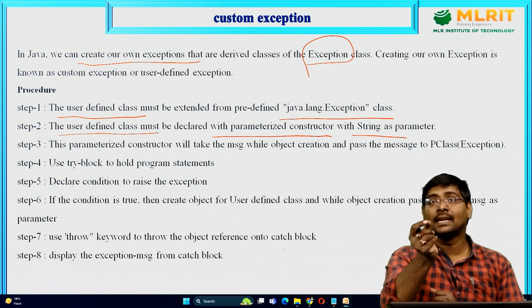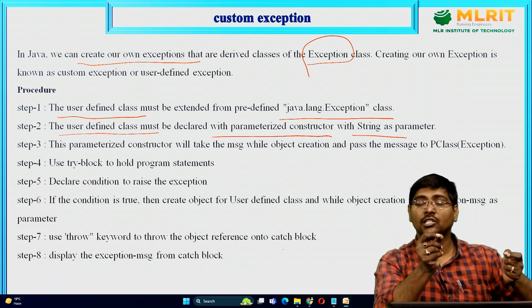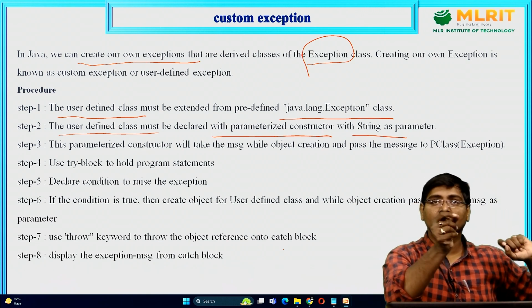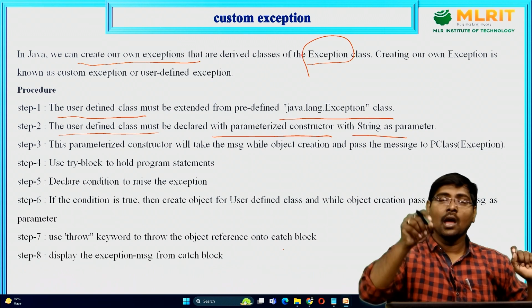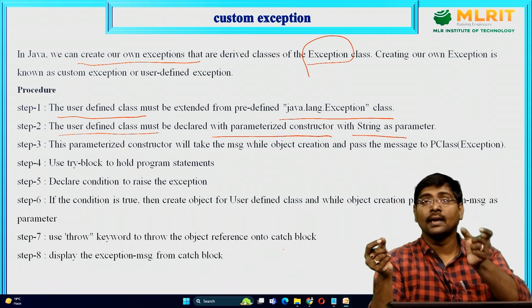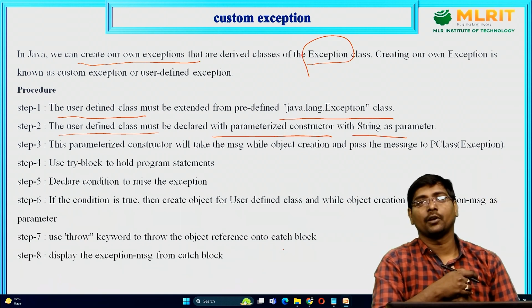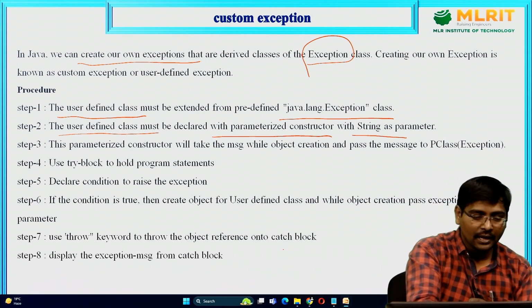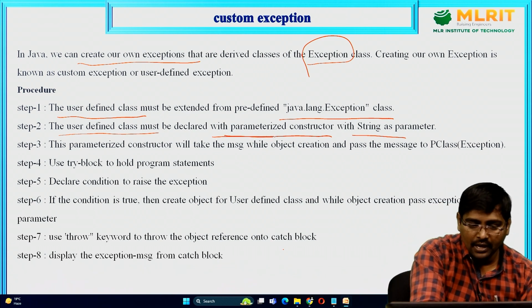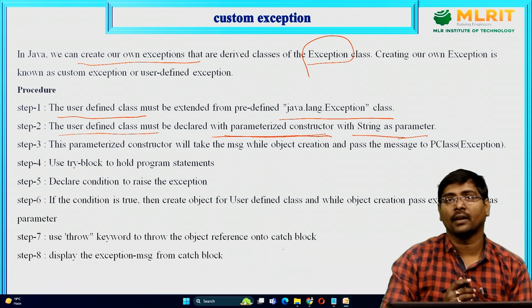For the message. For example, in the previous example, if division by 0 occurred, System.out.println automatically displays divide by zero. How did it occur? That message is already placed inside that particular class. So create a parameterized constructor with String as parameter.